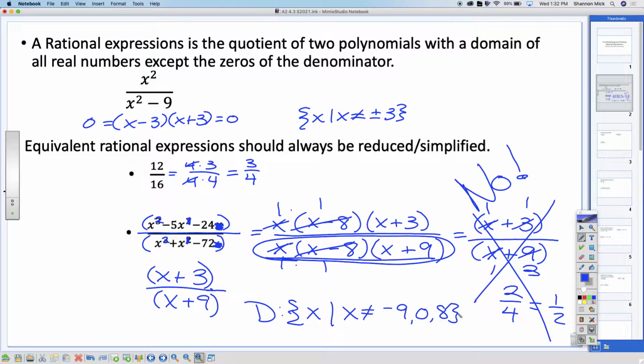Now, if you remember back to yesterday, how did I find x-intercepts? It was the zeros of the numerator, correct? And by definition, a vertical asymptote is something you cannot cross and you cannot touch. Well, my numerator shares 0 and 8, doesn't it? Could some value be both an x-intercept and a vertical asymptote?